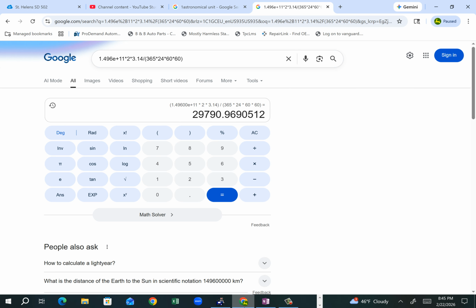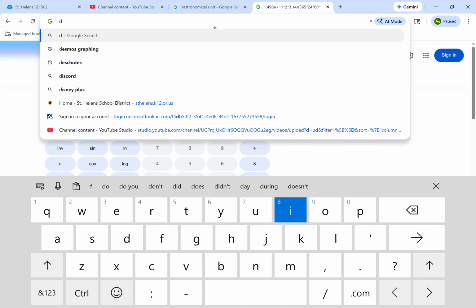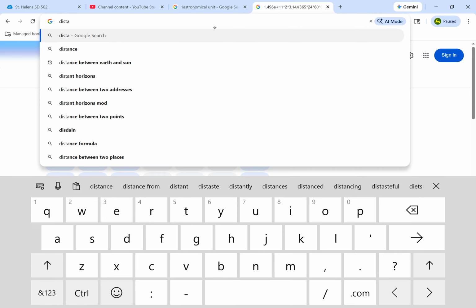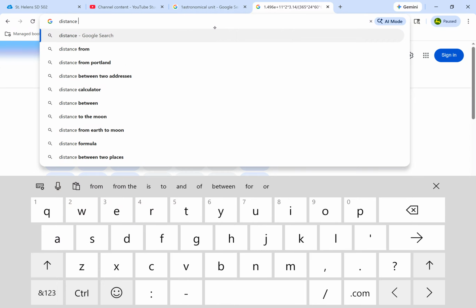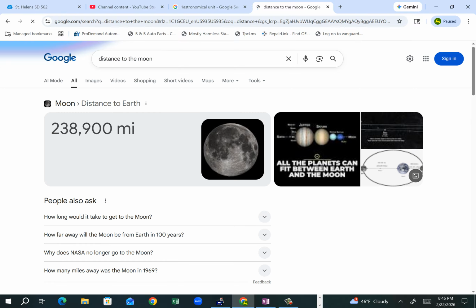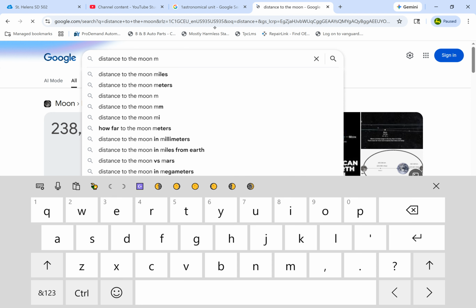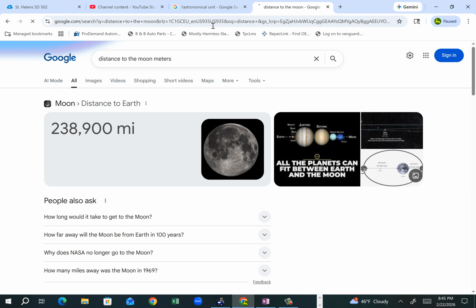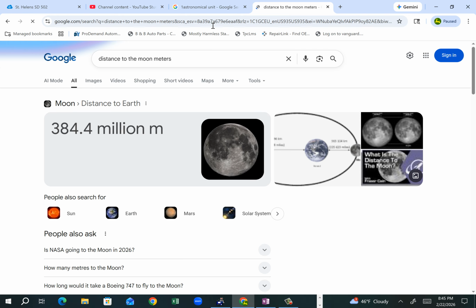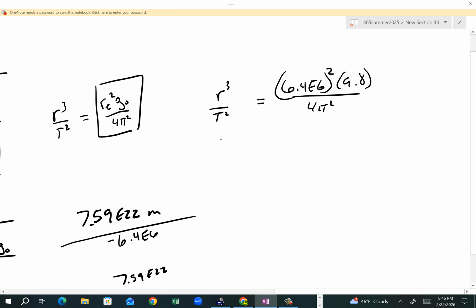So distance to the moon in meters. There you go. 384 million. So 384 million cubed over t squared is equal to this thing.